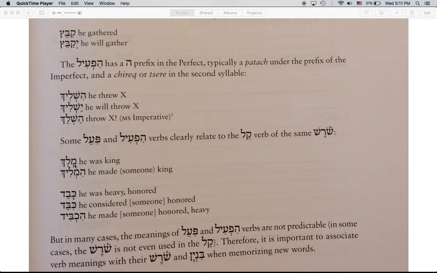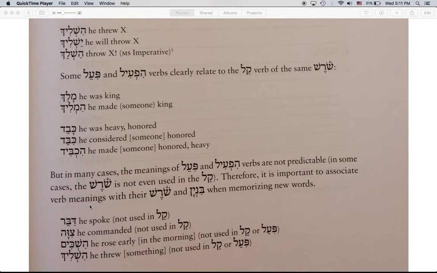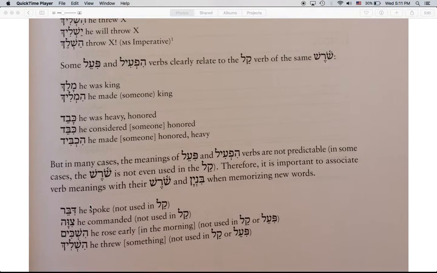Sometimes the meaning of the piel or hiphil is adding something to the basic meaning of the qal. Other times it's not adding anything at all, and we just have to memorize the meaning of the verb in this binyan. So when we have new vocab from this point forward, it'll tell us which binyan we're looking at and how we must memorize the meaning of that word.